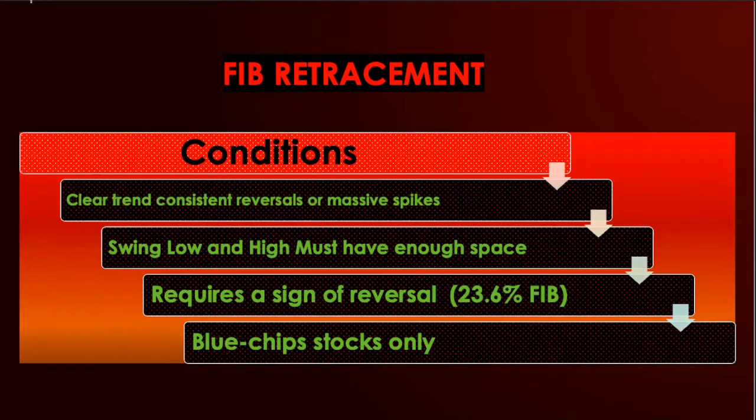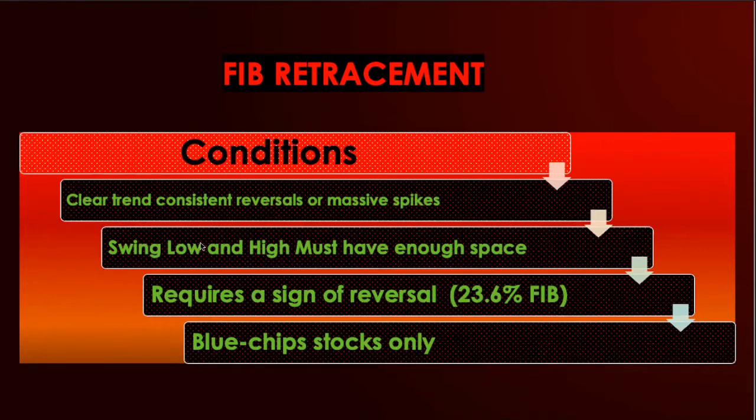So I'm going to go ahead and show you the conditions that I've developed for this method. And they're very simple conditions. The first condition that we look for when applying this method is that there must be a clear trend that's consistent with reversals or a massive spike, and I'll show you how those look.